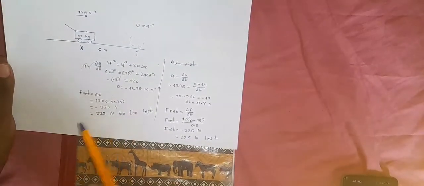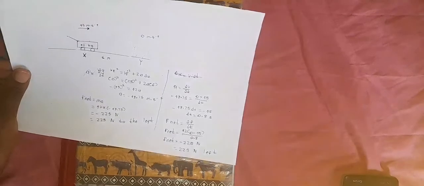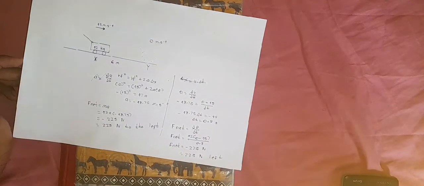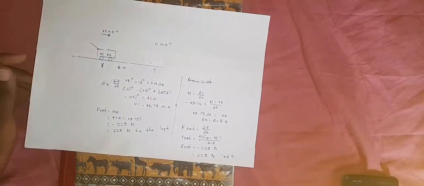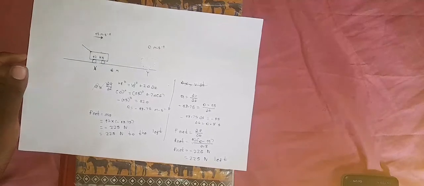I believe you could follow what I did here, and I want us to conclude this video. In the next video we will talk about elastic collisions and inelastic collisions.